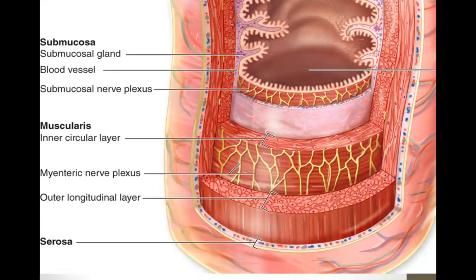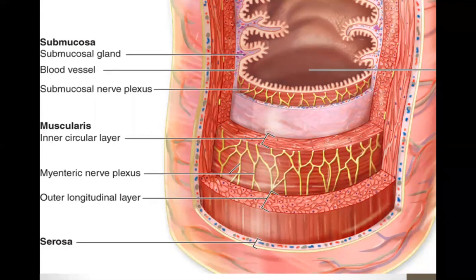The GI tract, all glands in the GI tract are only found at the lamina propria. Okay? They are only found at the lamina propria.